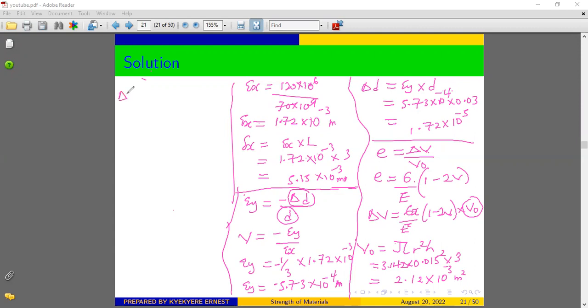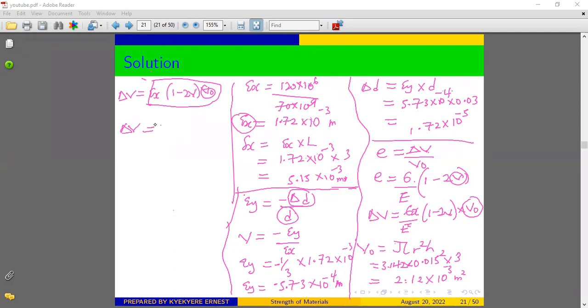So our change in V will be equal to the stress in the x-axis into bracket 1 minus 2V times the V0. This V is the Poisson's ratio, which we have as 1/3. So I want you to put the value of epsilon x, which you have calculated here, and the Poisson's ratio, which is 1/3, and the volume which we have calculated in this formula, and get the change in V.